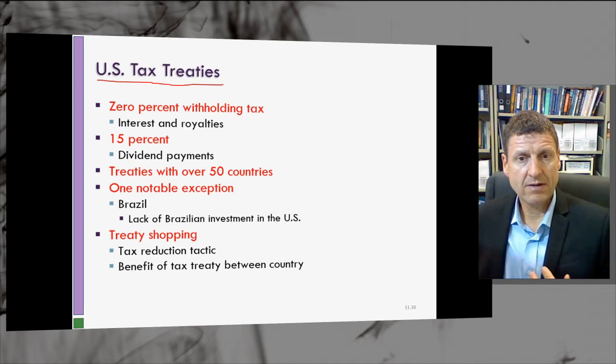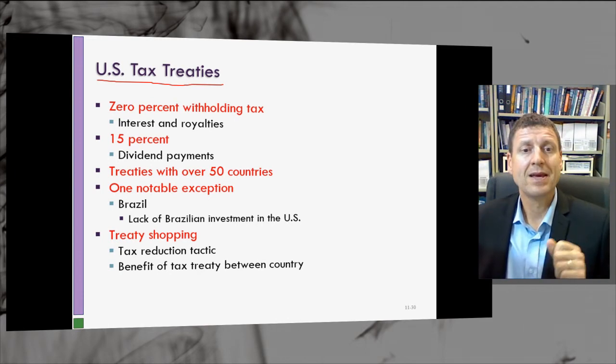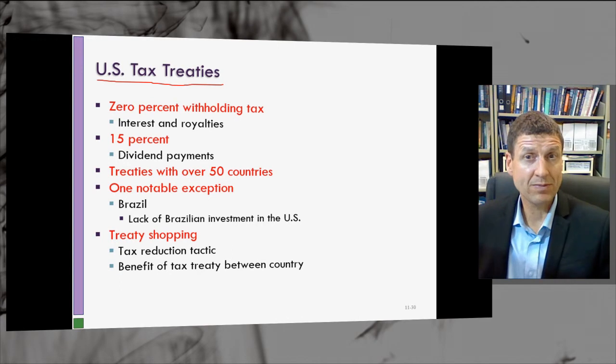There are treaties with over 50 countries, with one notable exception, Brazil. That's because of lack of Brazilian investment in the US. But of course, companies are engaging in treaty shopping. What does that mean? They are finding tactics to go indirectly to find benefits.